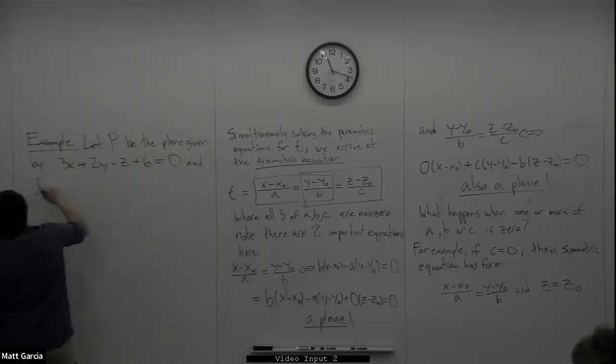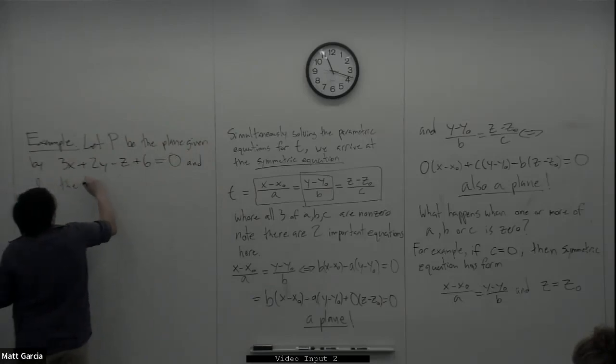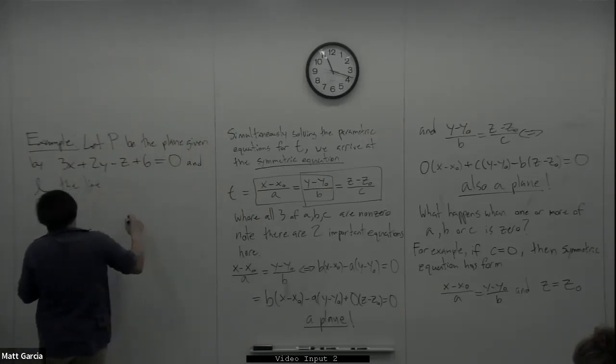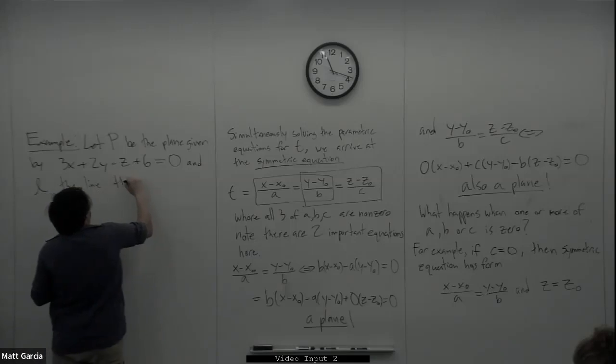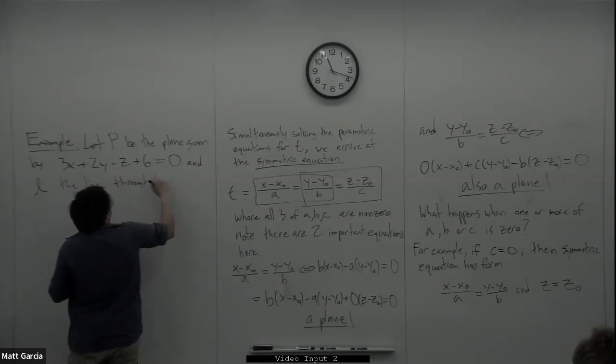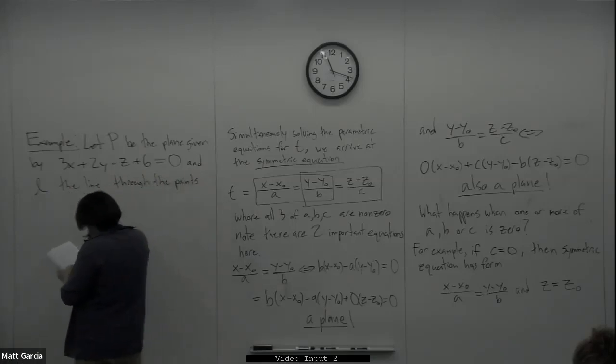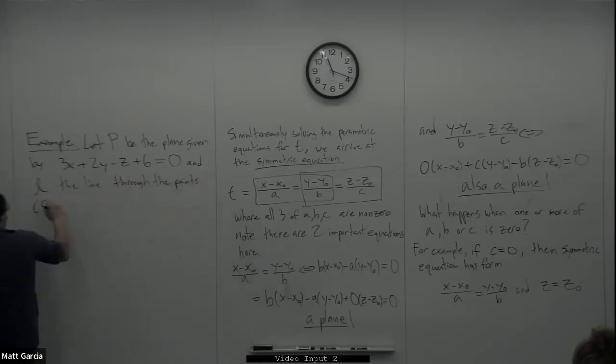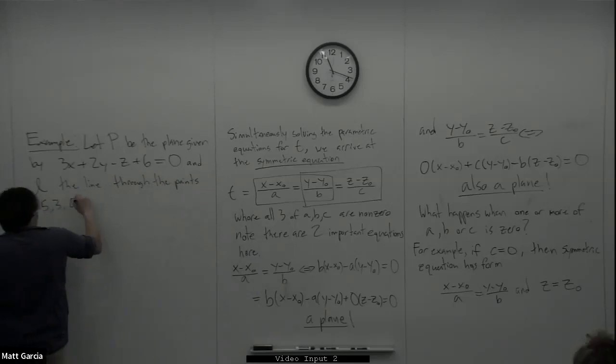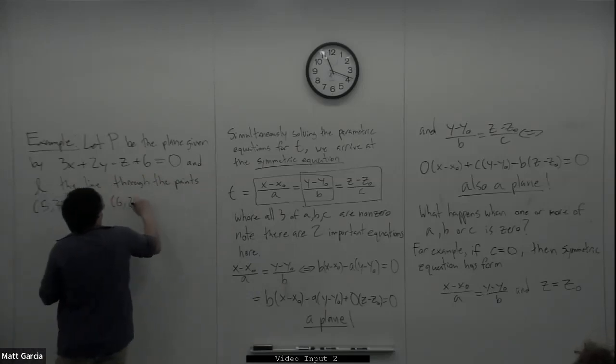And L the line through the points (5, 3, 0) and (6, 2, 2).